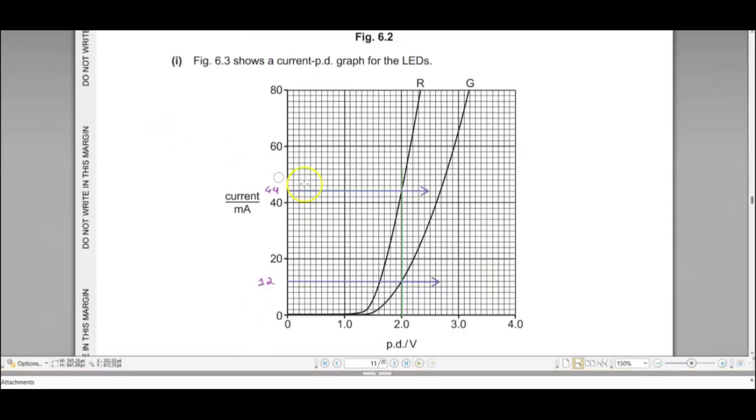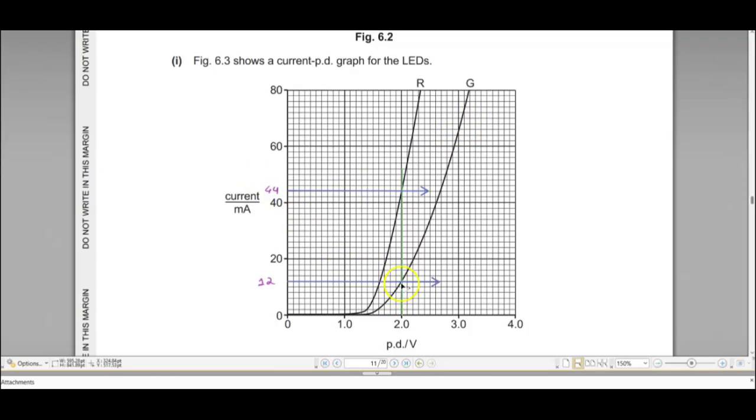Okay. We have the voltage to be 2 volts and we have this graph between current and PD. So what we are going to do is draw a line over here and then find the corresponding values for red and green LEDs in terms of current.